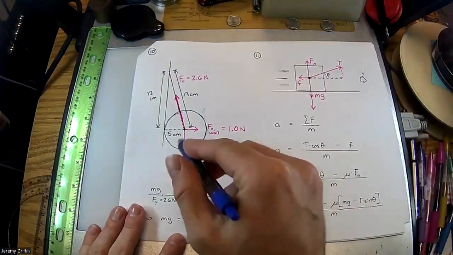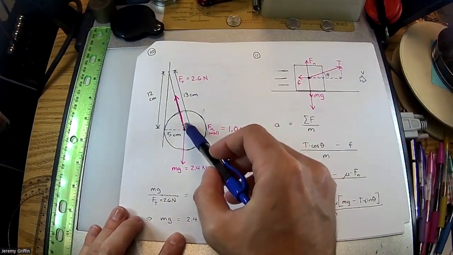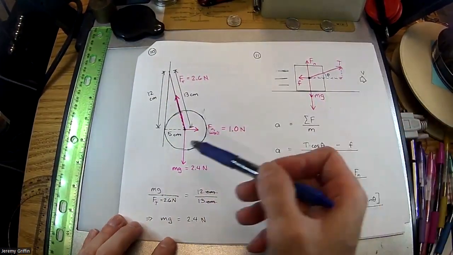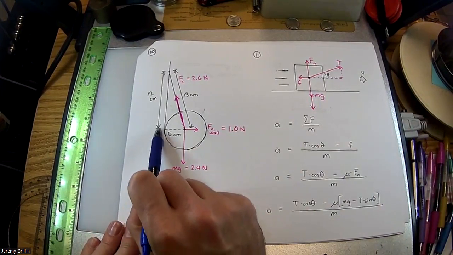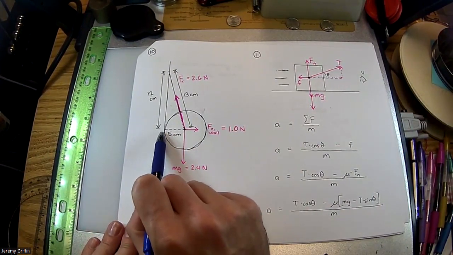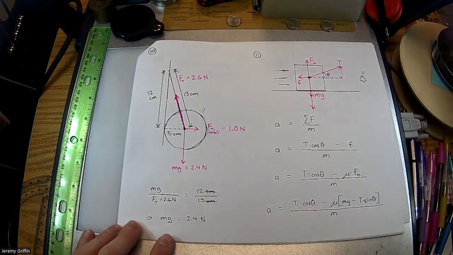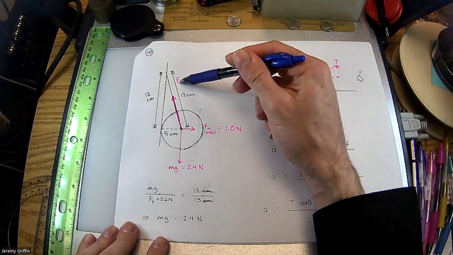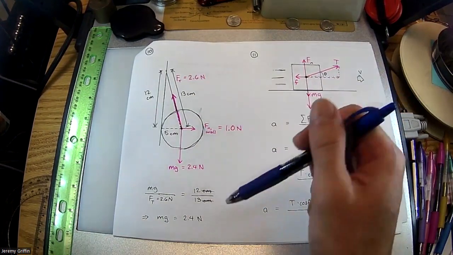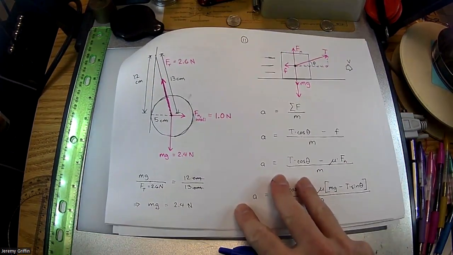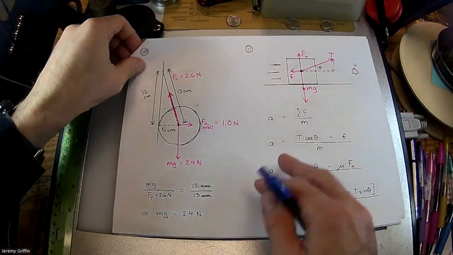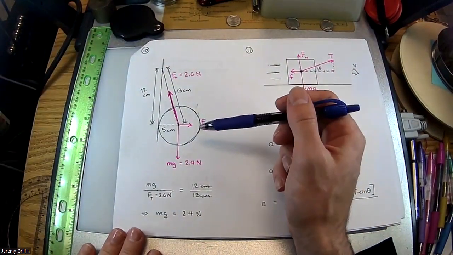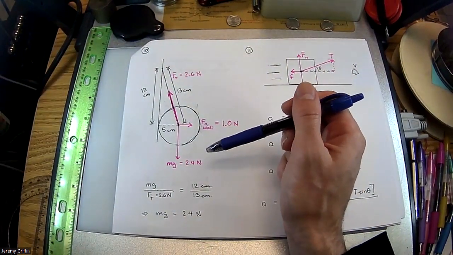There was this question: what if you have a disc that's tied by a rope against a wall? They did say there was zero friction between this disc and the surface, so you don't have to worry about that. They gave you the tension in the rope, and they asked, what's the weight of the disc? If you draw the full free body diagram, you see three forces, and notice all the forces balance out because of equilibrium.